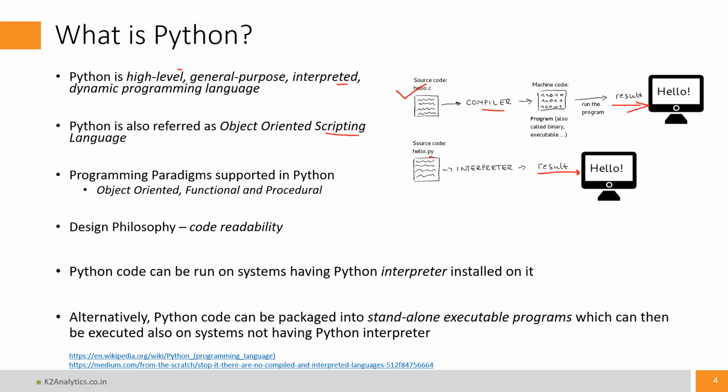But at a high level, Python is also referred to as an object-oriented scripting language. And it supports all the programming paradigms like object-oriented, functional, and procedural concepts in Python.